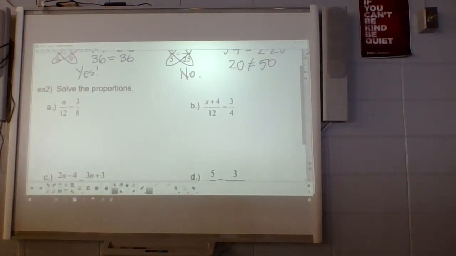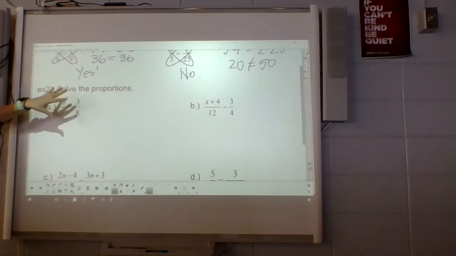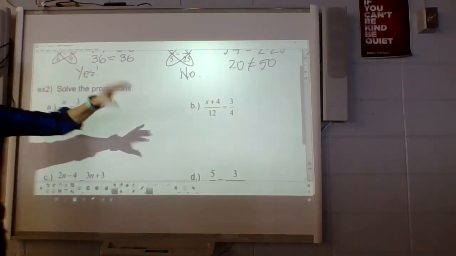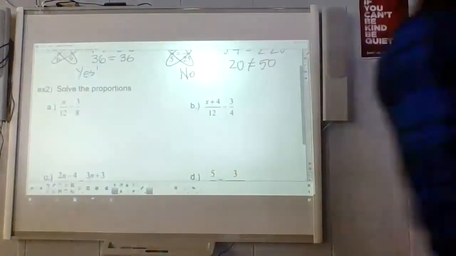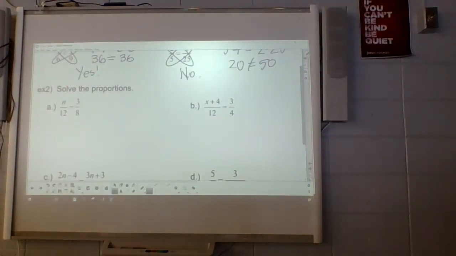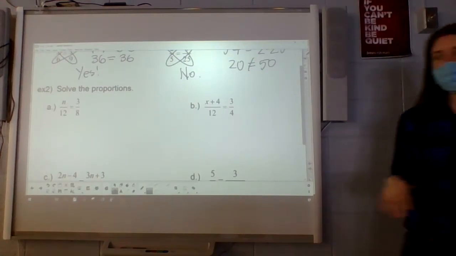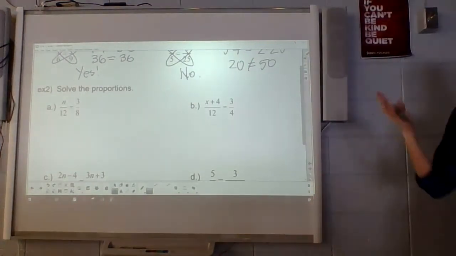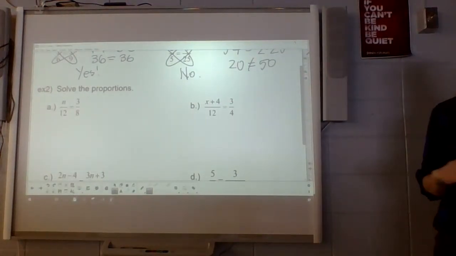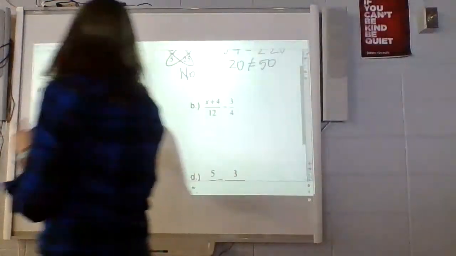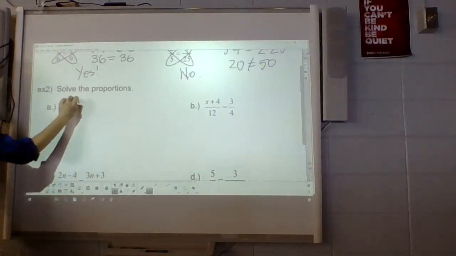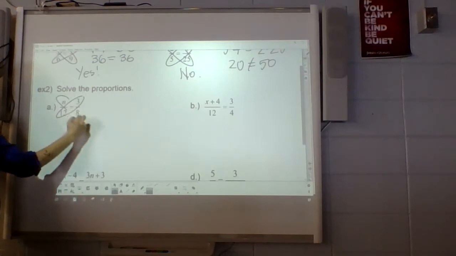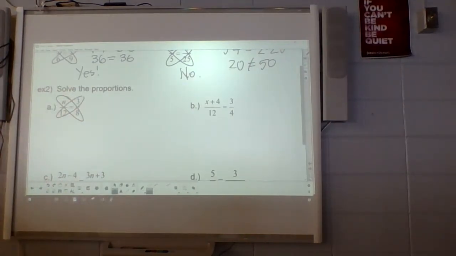That works really, really nicely for this problem, but it stops working after that point. So I'm just going to give you a quick tip on that, that if you've heard cross multiply and divide, it works for one type of problem and then that's it. And we get into more complicated problems than just like letter A. But we can do that. We're going to use the cross products. So we're going to cross multiply.